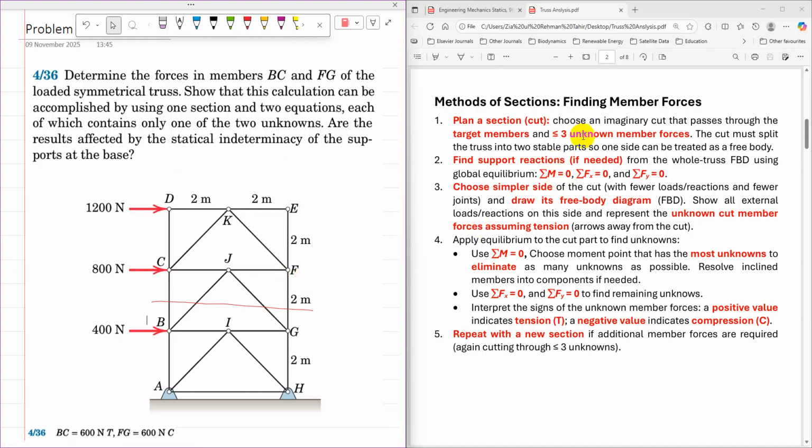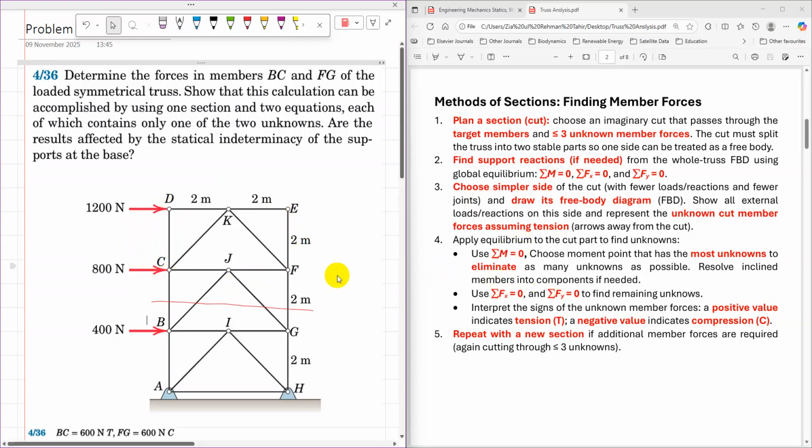But there is a problem, because whenever we take a cut, there must be three or fewer unknown member forces at that cut, since only three equations are available to analyze the upper section.